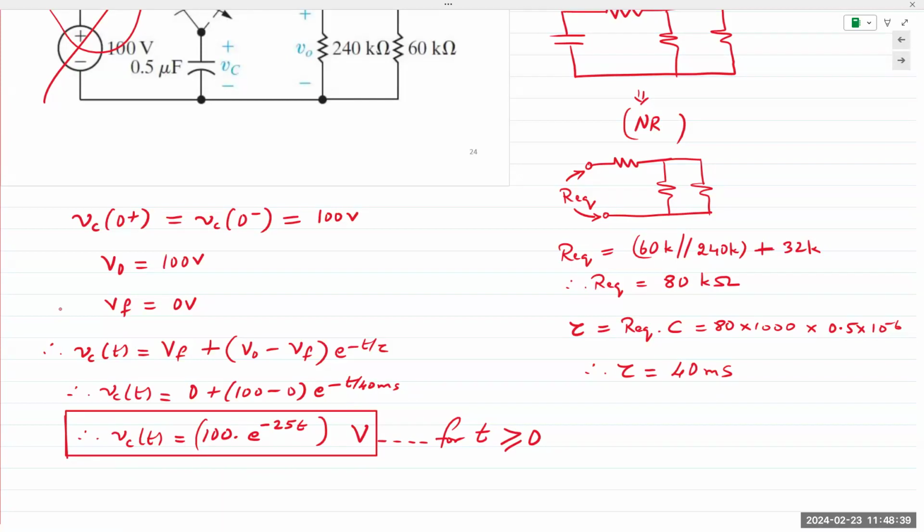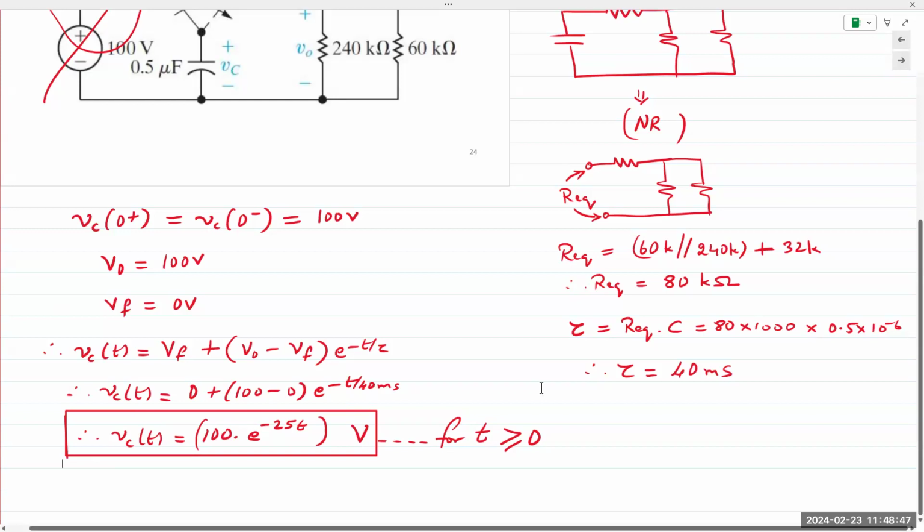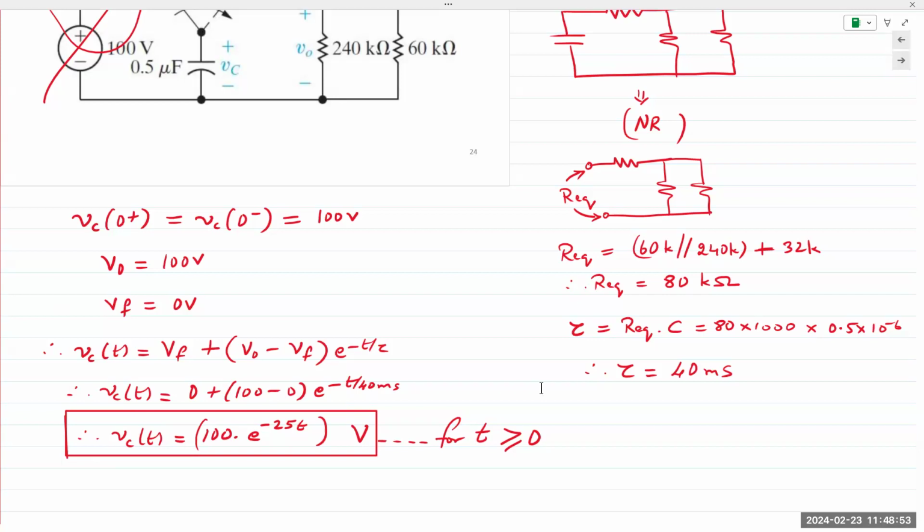All right, 10-second pause. Let me know if you have any questions. Again, the goal is to identify the circuit parameters by redrawing the circuit. You establish the initial conditions, find the initial value, meaning I0 or V0, and find the final values, meaning IF or VF.